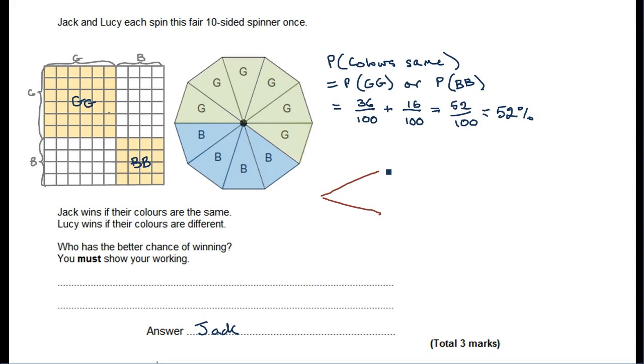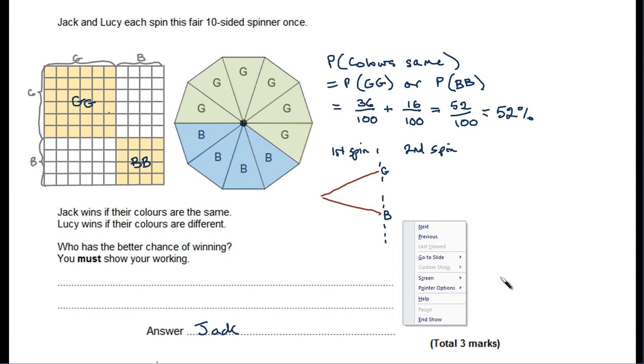They're looking at the probability of green, so we can put that here, versus the probability of blue. This would be our first event, so this would be the first spin, let's say.